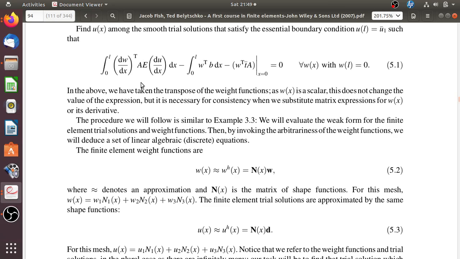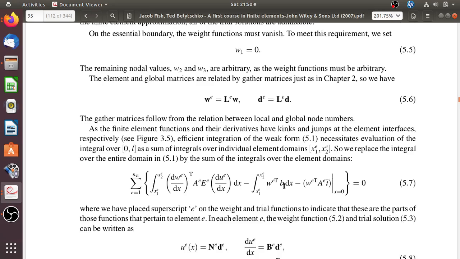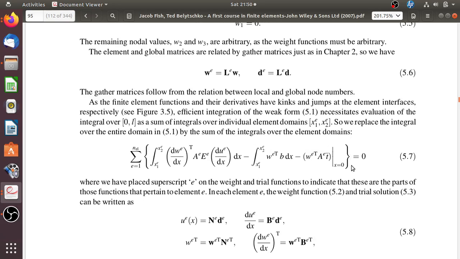So if we do that, I have to assume all these things, not for the entire domain but for each element. And if I do that, this is what I will get.